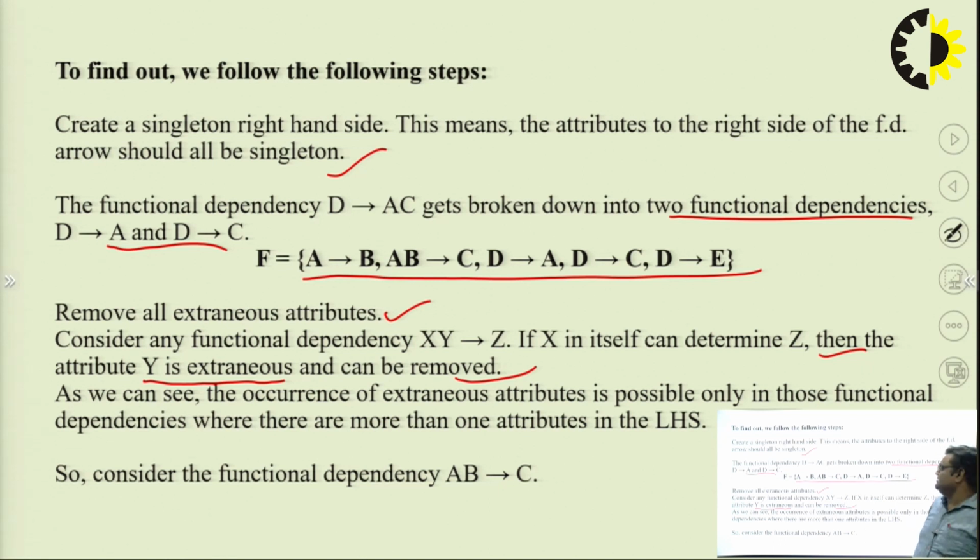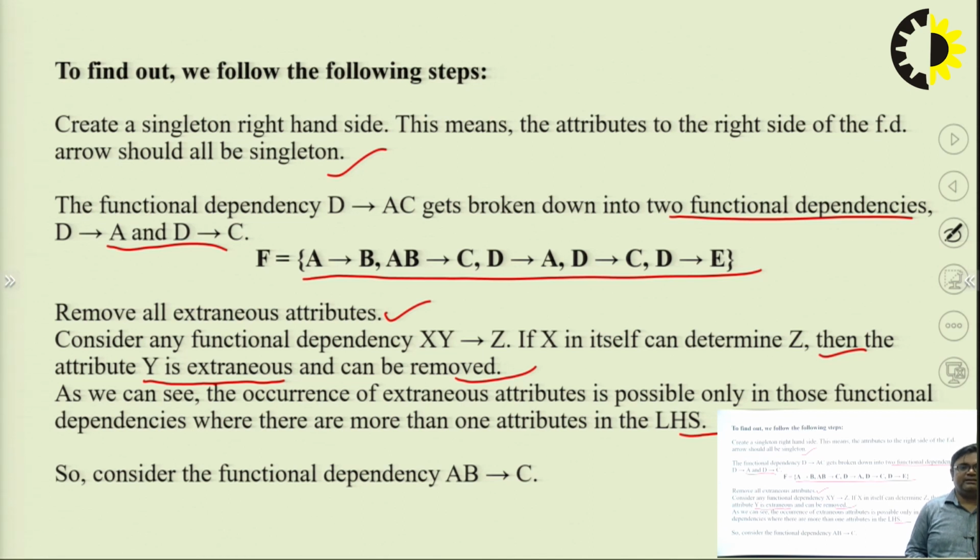As we can see, the occurrence of an extraneous attribute is possible only in those functional dependencies where there is more than one attribute on the left hand side.